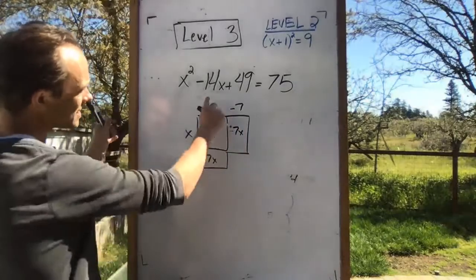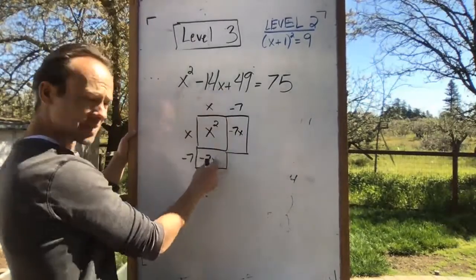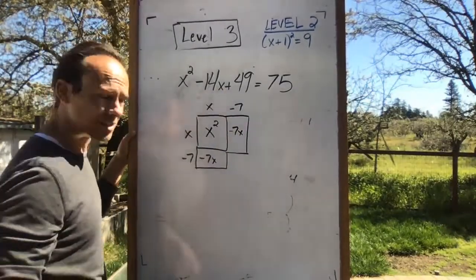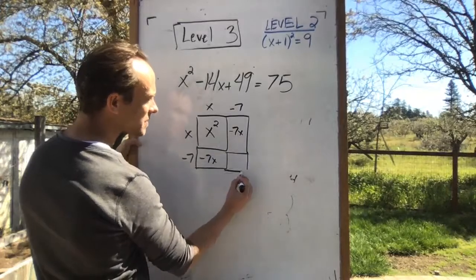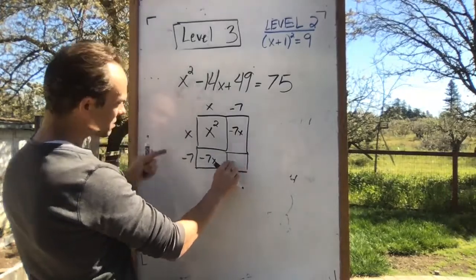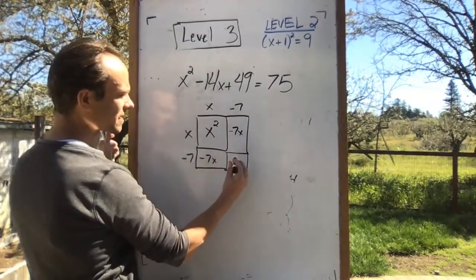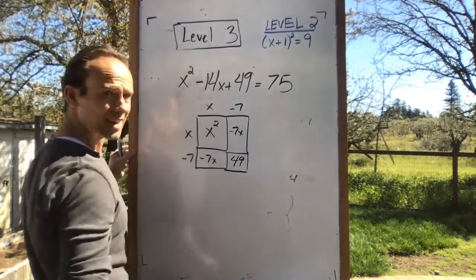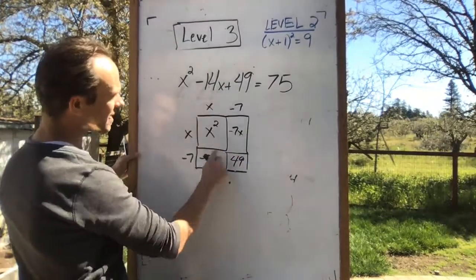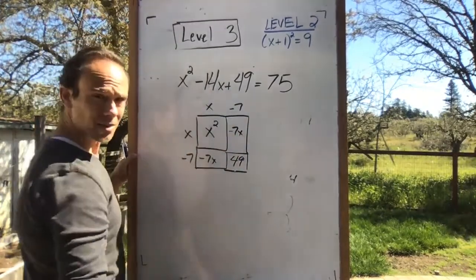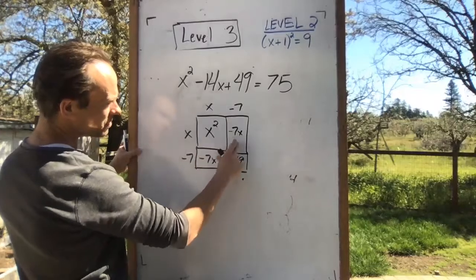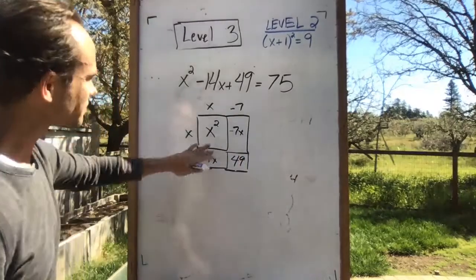So in this case, the negative 14x, I'm putting -7 and -7, still taking advantage of symmetry. I still have this one spot missing, but if I go -7 times -7, I get a positive 49 area. All these values add up to what I started with up here, right? X squared plus 14x plus 49.